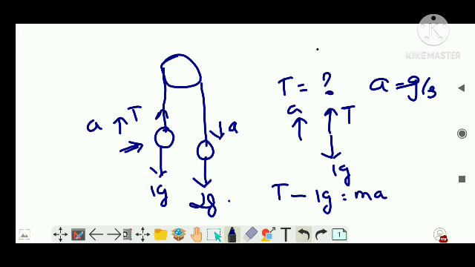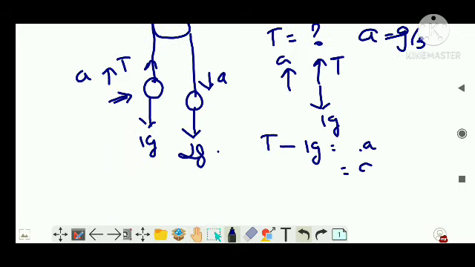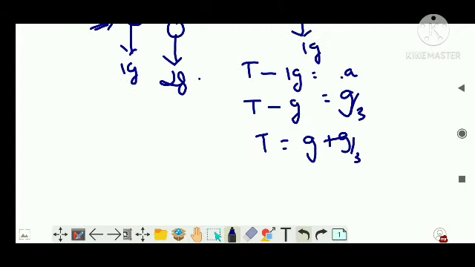Here m is 1, so you just write a. You have found the value of a, which is g by 3, so T minus g equals g by 3, or T is equal to g plus g by 3, which is 4g by 3. That is the tension. Clear? It is very easy.